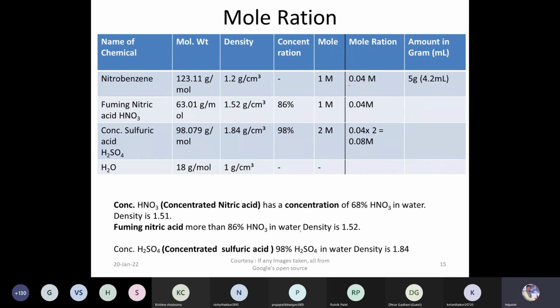Now if you want to find out this mole, how can we find out? So mole equal to gram per mole, molecular weight divided by the... If you want to find out the particular mole, we have the required gram, 5, divided by molecular weight.